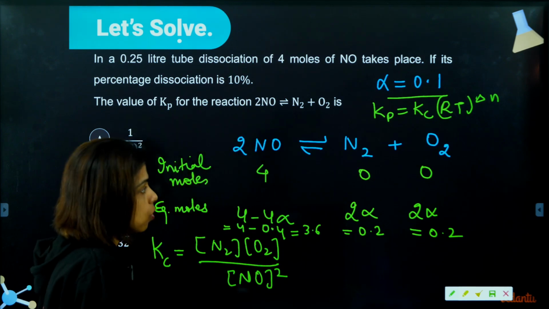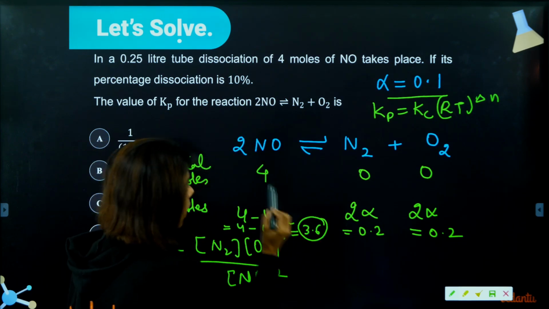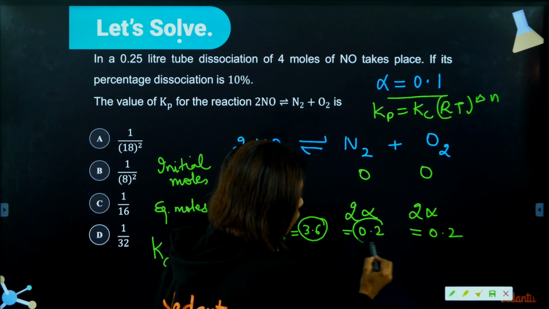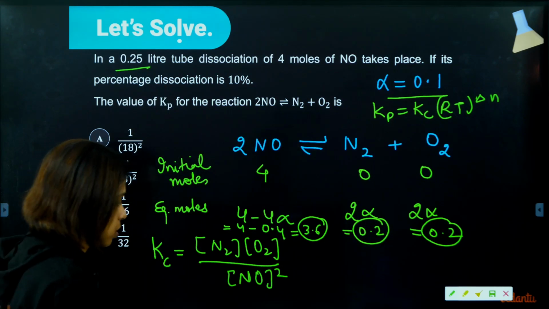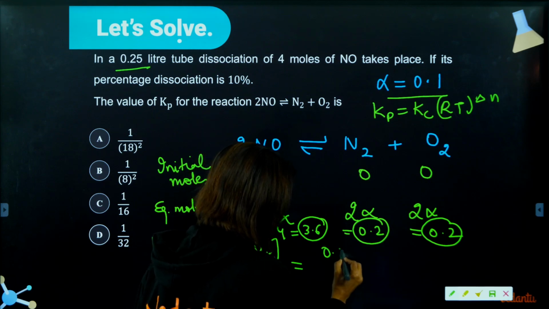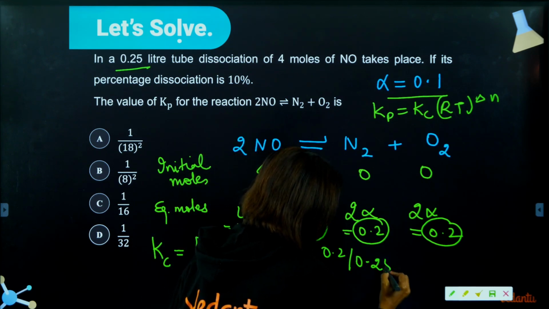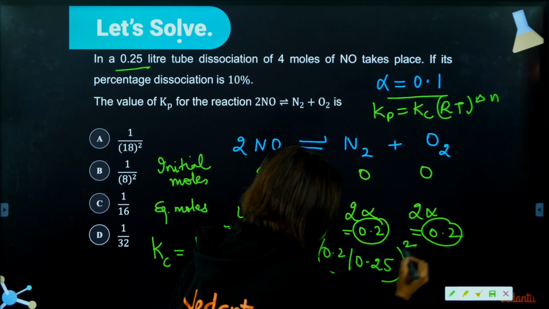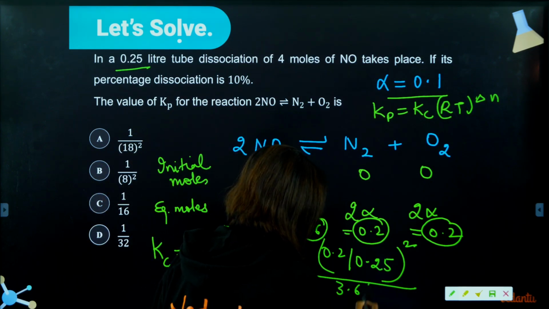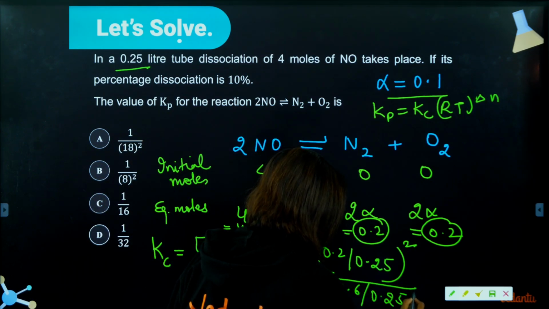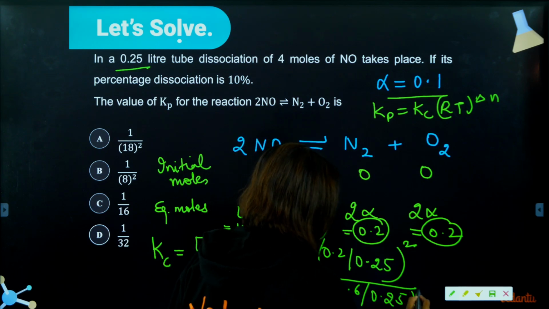So we have moles of NO, N2 and O2 at equilibrium, divided by volume will give us the concentration. So 0.25 is the volume, and the concentration of NO is 3.6 divided by 0.25, raised to power 2.